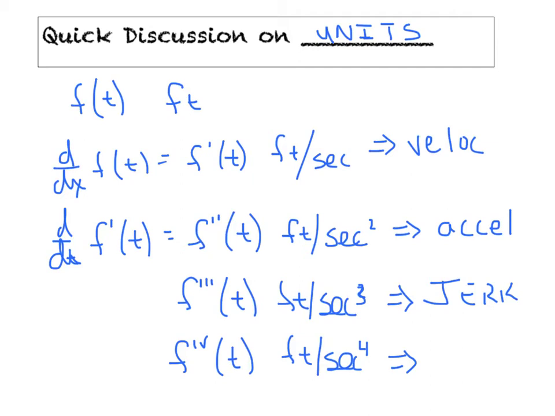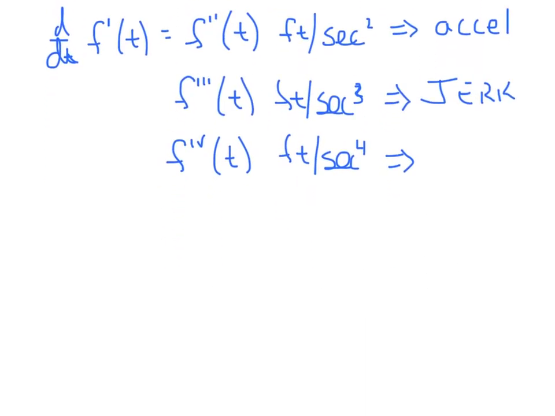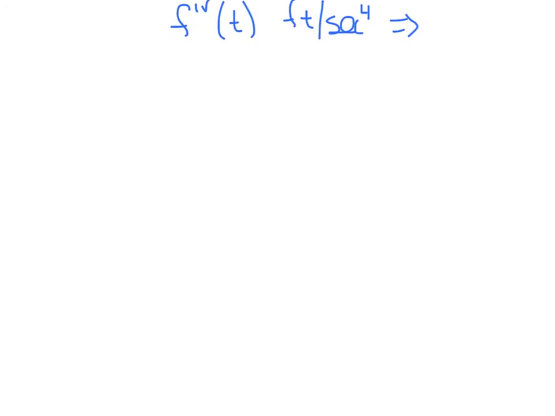Now let's turn that on its head and let's talk about integrating. If I wanted to integrate a function that was feet per second to the fourth, remember integrating is doing the opposite of what a derivative does. That's why we call it an antiderivative. And so the new units on your new function would be feet per second cubed.